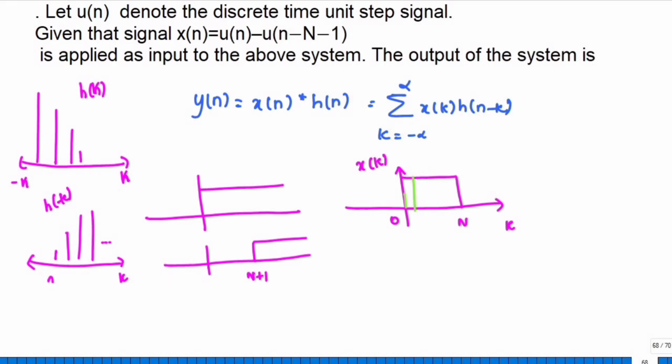This is my x of k function, and h of n minus k will look like this. Okay.